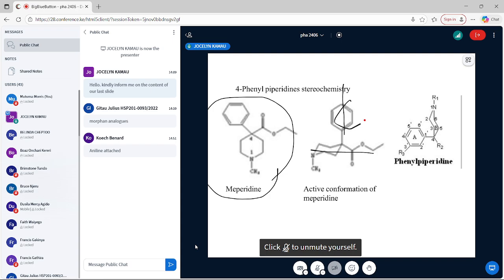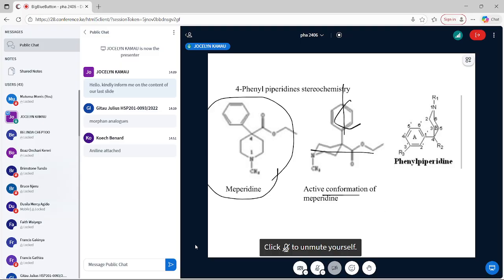Once it rotates, the conformer found to be most active is when the benzene ring carries the axial conformation. If it carries the horizontal, then it will not have activity. So this is the active conformation of meperidine.